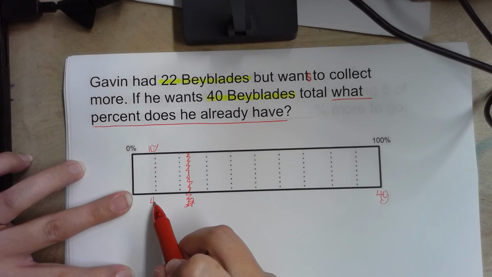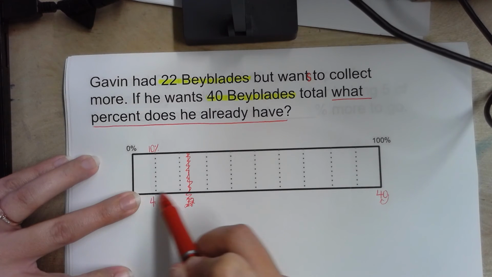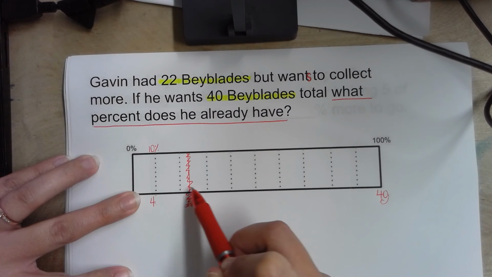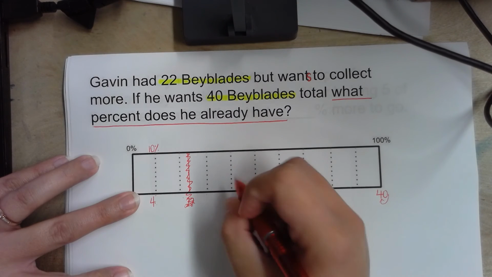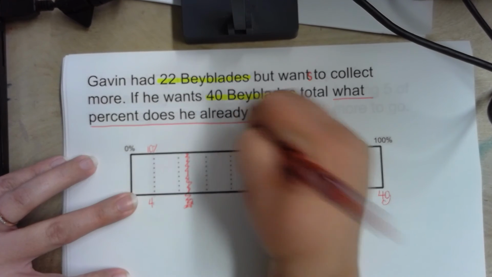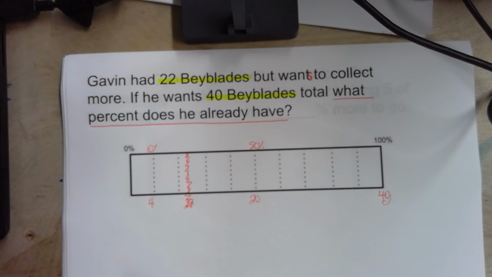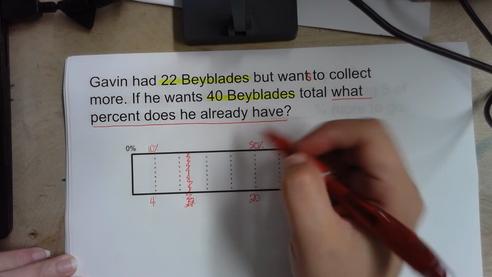I made a mistake. So we want to take the 10% is 4. So 20% would be 8, 12, 16, 20. Right here would be 20. And this would be 50%, okay? So now I have to figure out how to get 2 more on here.